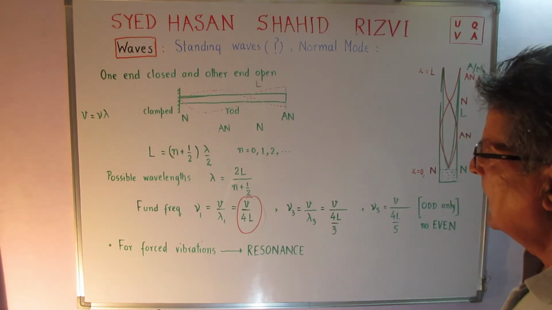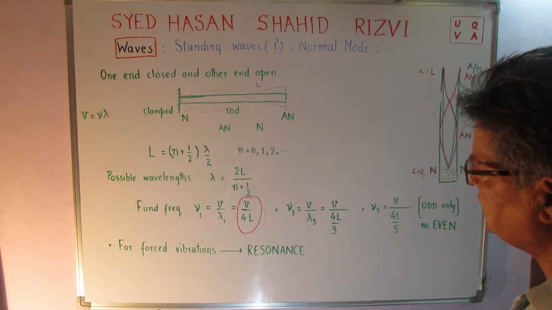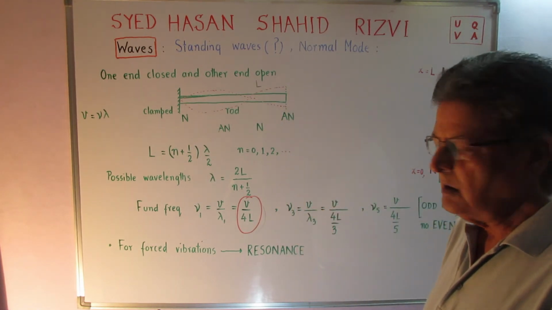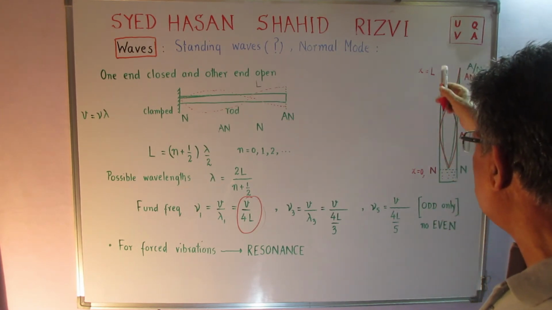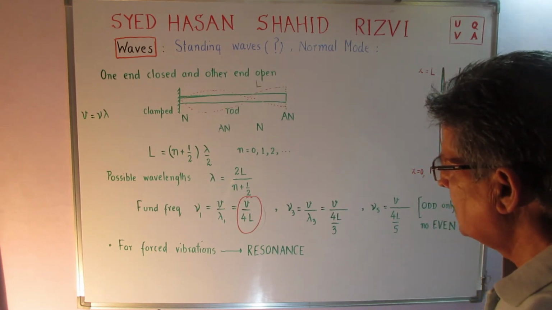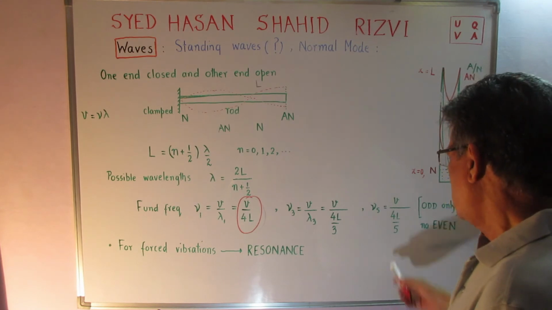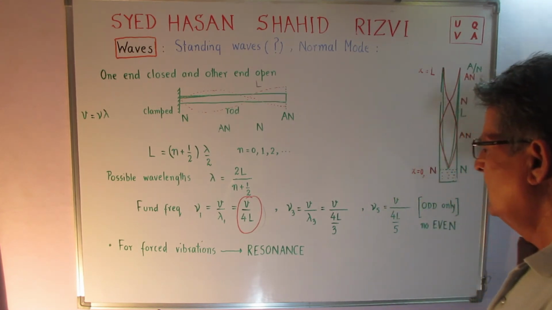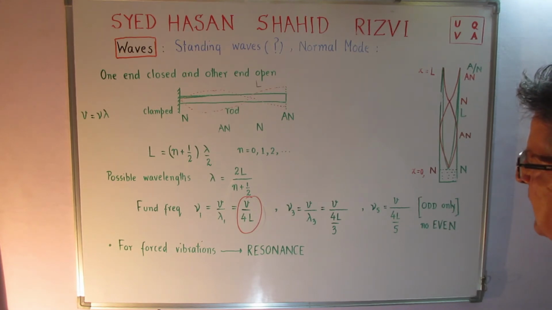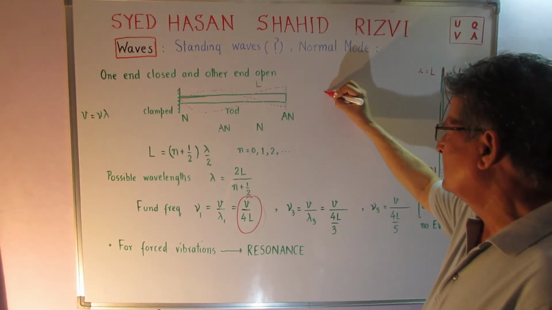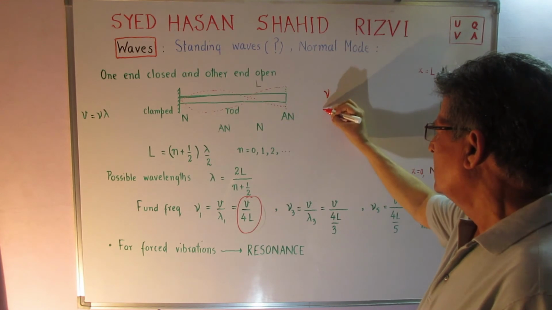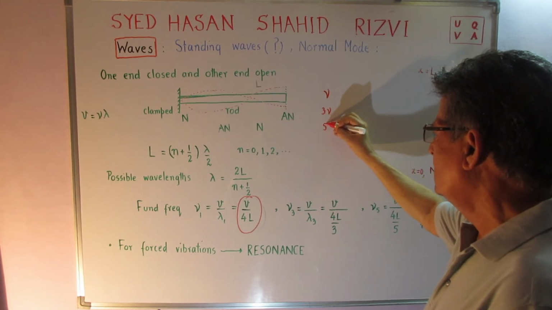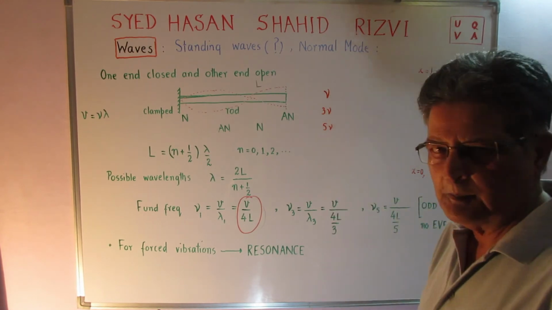Then we have, in such cases where one side is clamped and the other side is open, or one side is closed and the other side is open, only the odd multiples of the fundamental frequency. That is, if I have the fundamental frequency as nu, then 3 nu, 5 nu, etc. will be there.